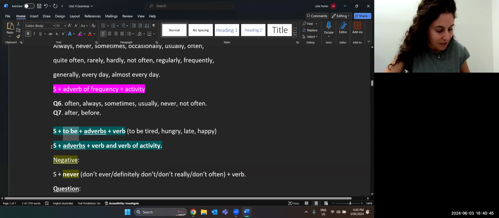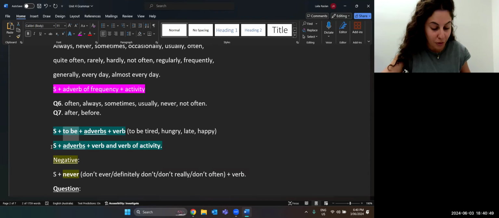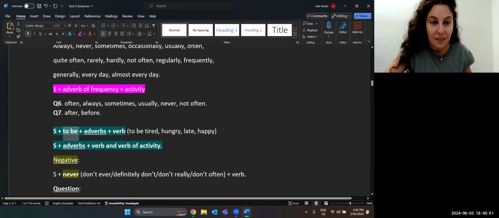And number 2, do they come before other verbs? They come before. So if you look here, we have a subject. It could be I, you, he, she, it, we, they.